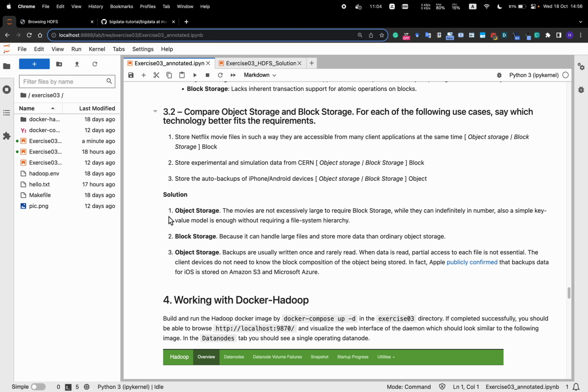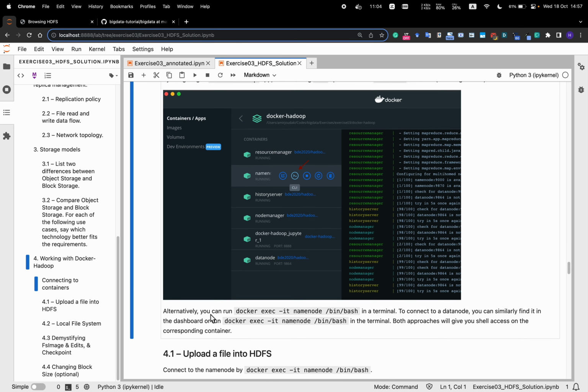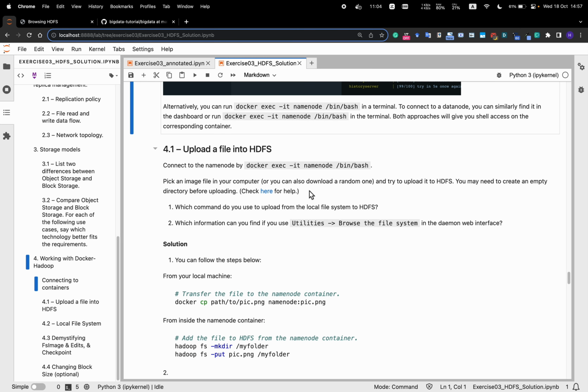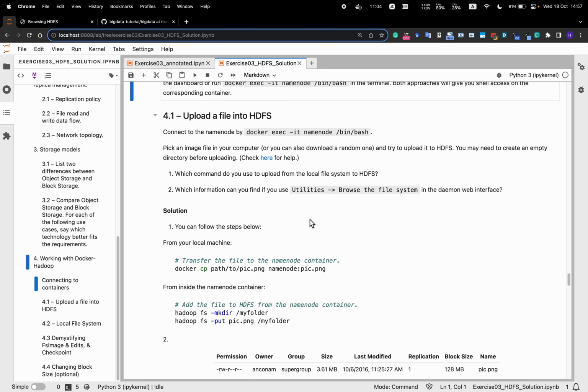So first you upload a file. Make sure that the name node is always the hash of your container, never a name, because you need to uniquely identify your container. That's the first point I'd like to highlight.